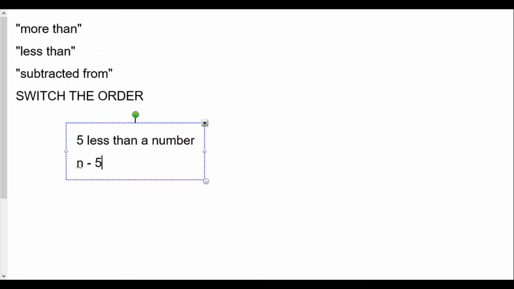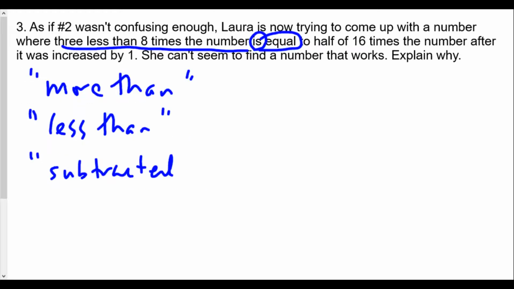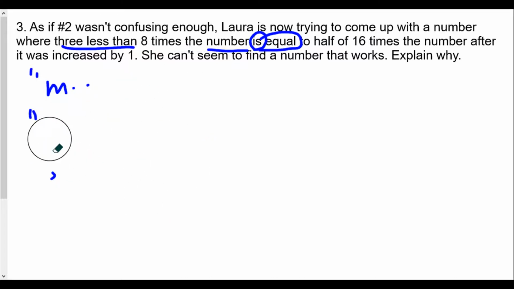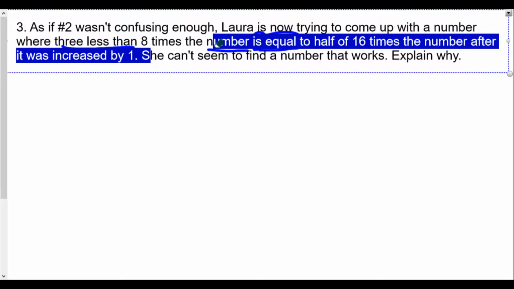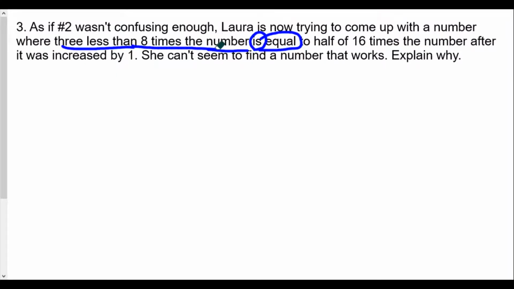Now to go back to our problem. I'm going to erase some of this stuff to make some room. We see here the phrase less than: 3 less than 8 times the number. First off, let n equal the number.